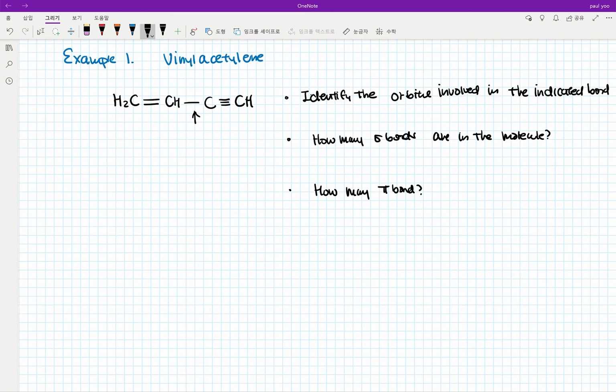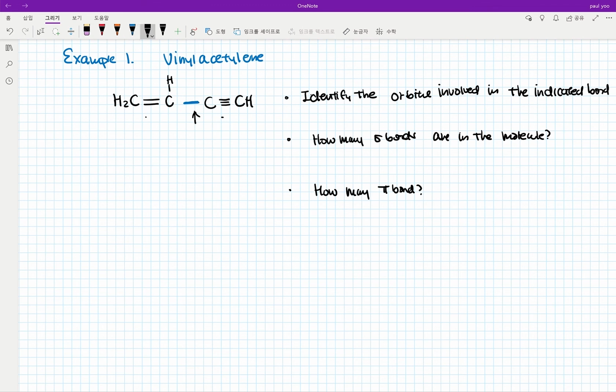Let's do one example, a molecule named vinylacetylene. It has one double bond and another triple bond right there, and the problem says identify the orbitals involved in the indicated bond. So here this is the indicated bond, and it will be easier if I draw out this hydrogen upward.